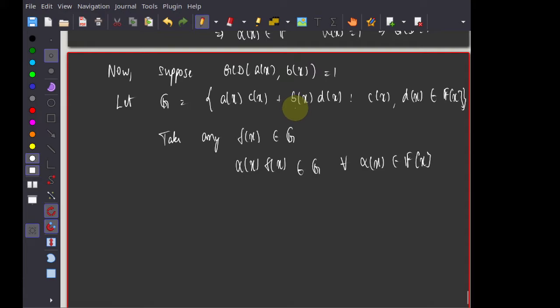Is it closed under addition? It is, right? So AC1 plus BD1 plus AC2 plus BD2 is equal to some AC3 plus BD3. So the same form. And do inverses exist? Obviously, since C of x and D of x can be any polynomials, minus C of x and minus D of x also exist. So additive inverses also exist. So G is a group.